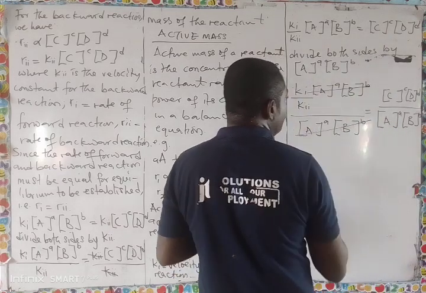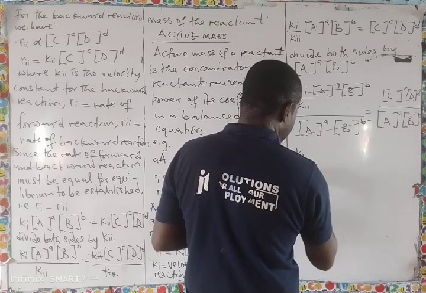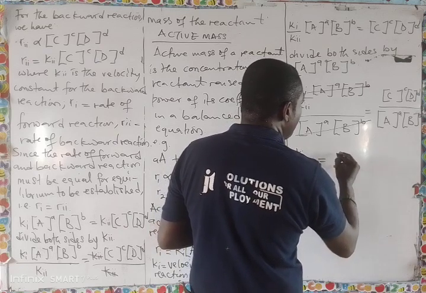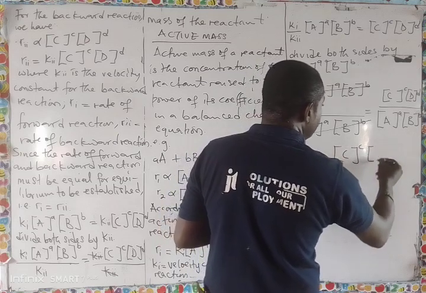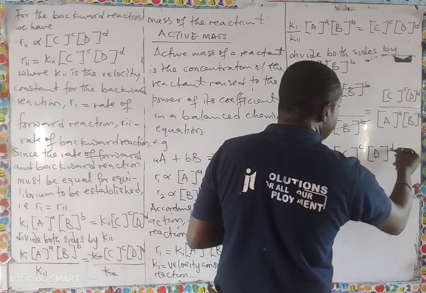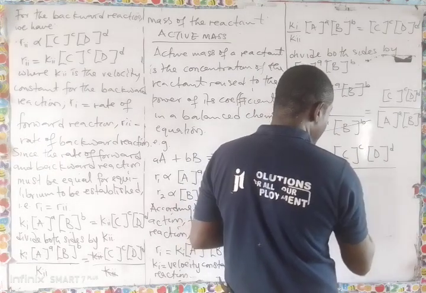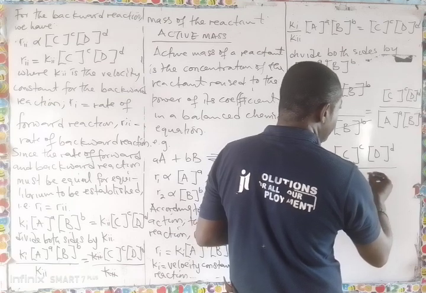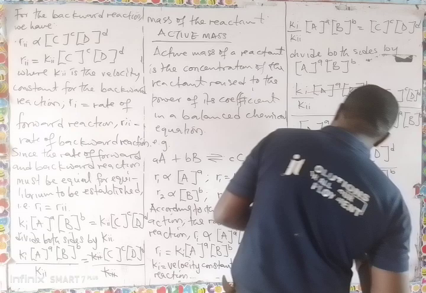We now have KI over KII is equal to C raised to the power C, D raised to the power D over A raised to the power A, then B raised to the power B.